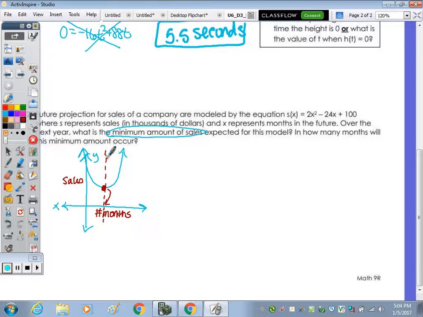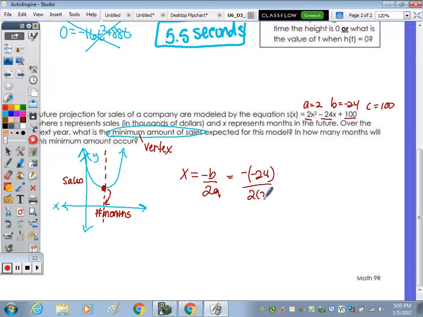We're going to do the axis of symmetry because the minimum is a vertex. And to calculate the vertex, we do axis of symmetry. So X equals negative B over 2A. And here our A is 2, our B is negative 24, and our C is 100. So plugging it in, a negative of a negative 24 over 2 times 2.